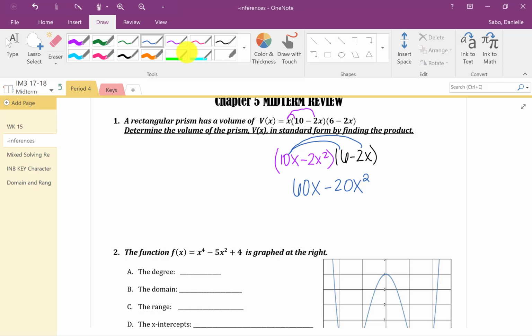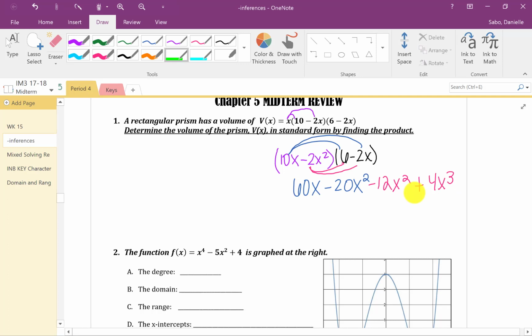So I'm going to then take this negative 2x and multiply it to 6, which gets me negative 12x squared. Then I'm going to take this negative 2x squared and multiply it by negative 2x, and I'm going to get positive 4x cubed.